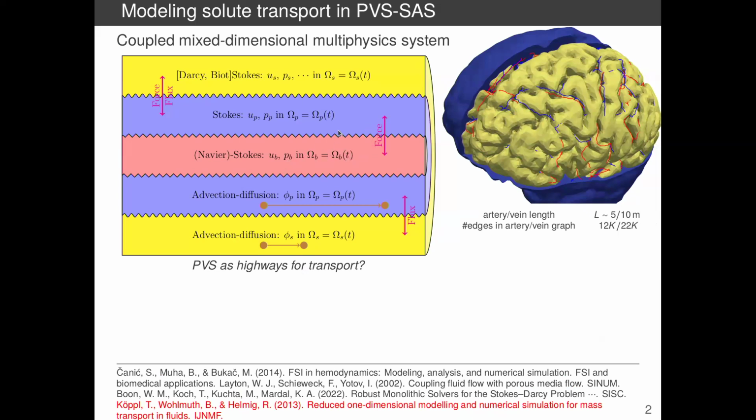This blood barrier, or this vessel wall, can push fluid in the PVS spaces, which we will assume is governed by Stokes. And then this wall can also pulsate and then interact with the surrounding media, which we can model differently. The simplest model would be Darcy.